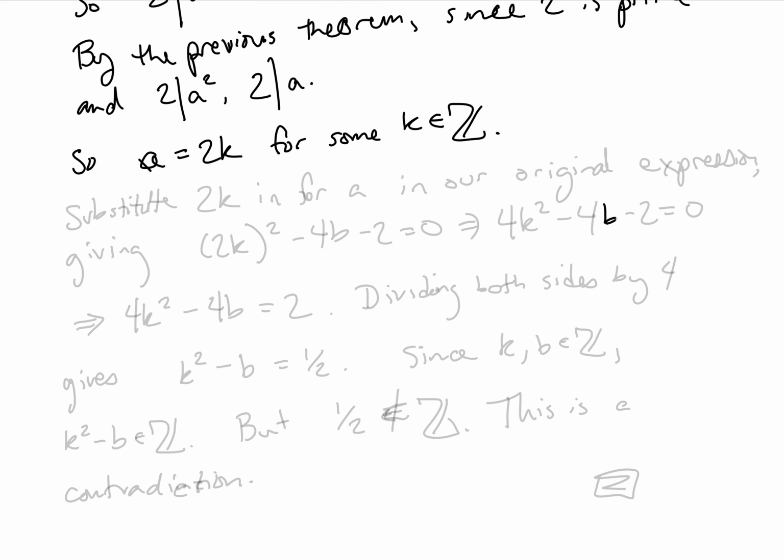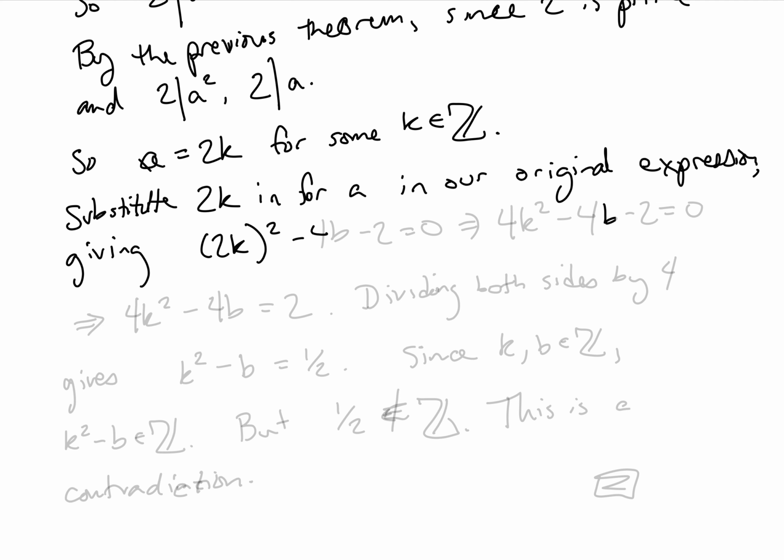Okay, let's look at our original hypothesis. We assumed a and b were integers and that a squared minus 4b minus 2 is equal to 0. Let's substitute 2k in for a in our original equation, giving 2k squared minus 4b minus 2 is equal to 0.